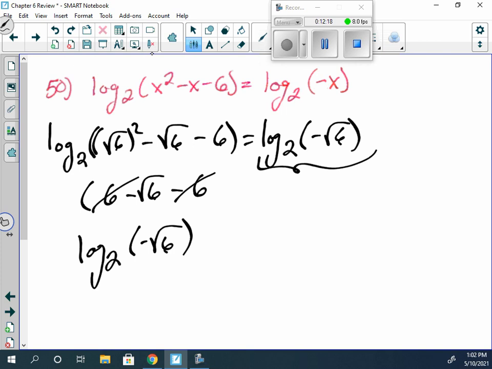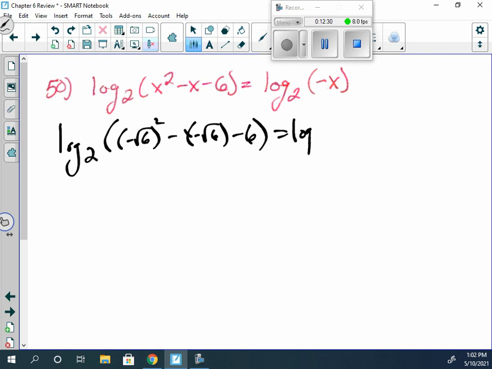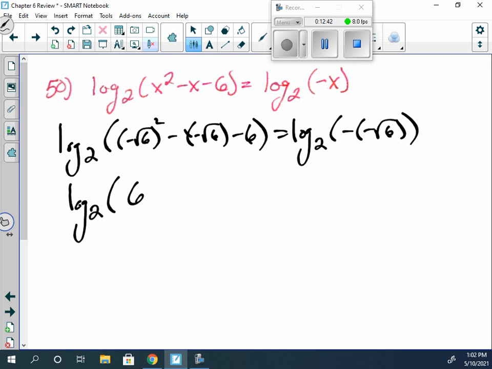Now, if we look at the negative square root of 6: negative square root of 6 squared minus negative square root of 6 minus 6 is equal to log base 2 of negative square root of 6. Well, the negative square root of 6 squared is actually just 6, because the negative times the negative is a positive.